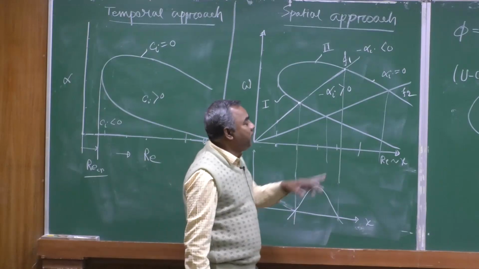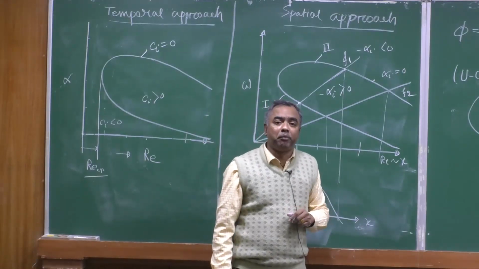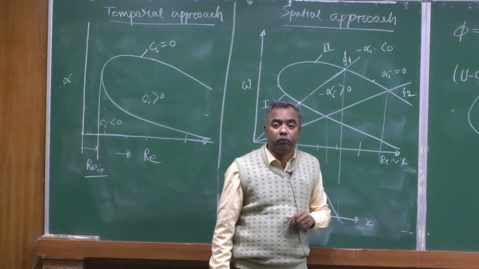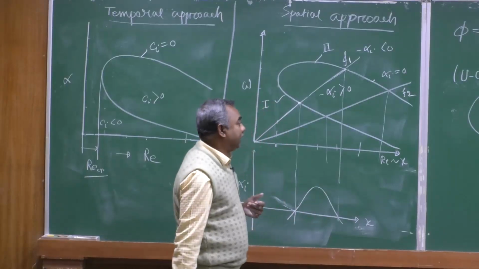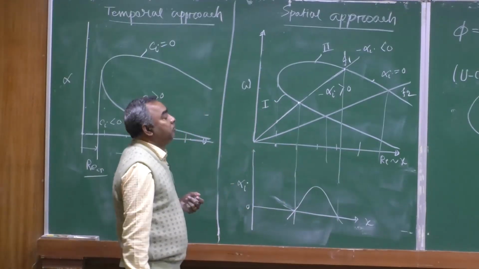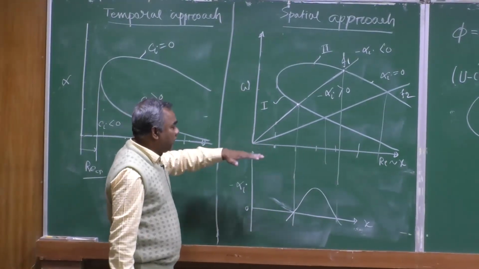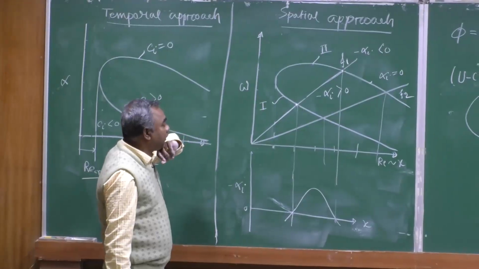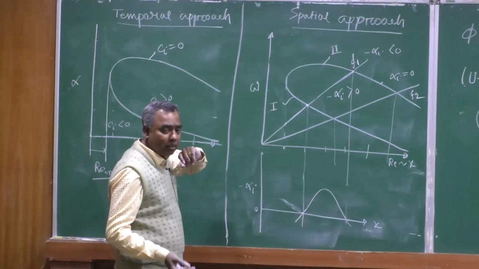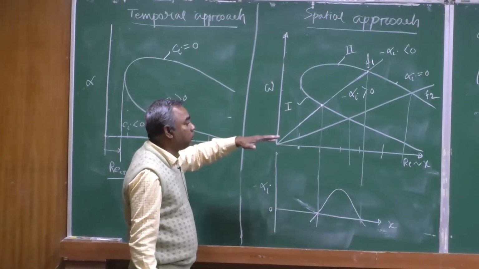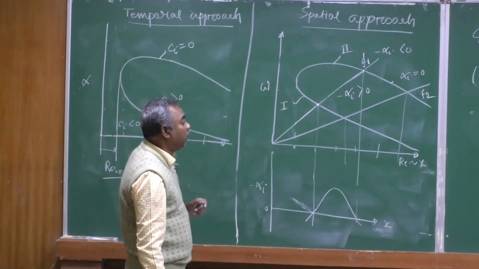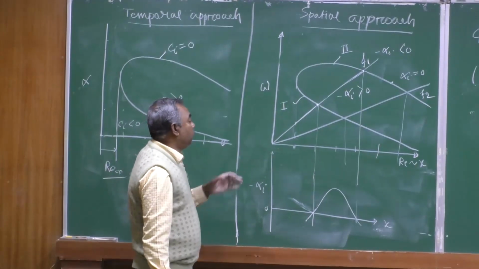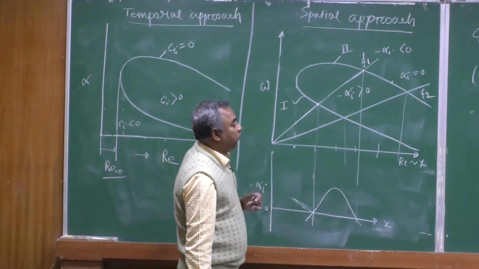But if your velocity profile has a point of inflection, they are not going to do so. That is the case for free shear flows very often. Anyway, these are a little advanced. If some of you are interested, you can go through some of the texts already mentioned on this particular aspect.